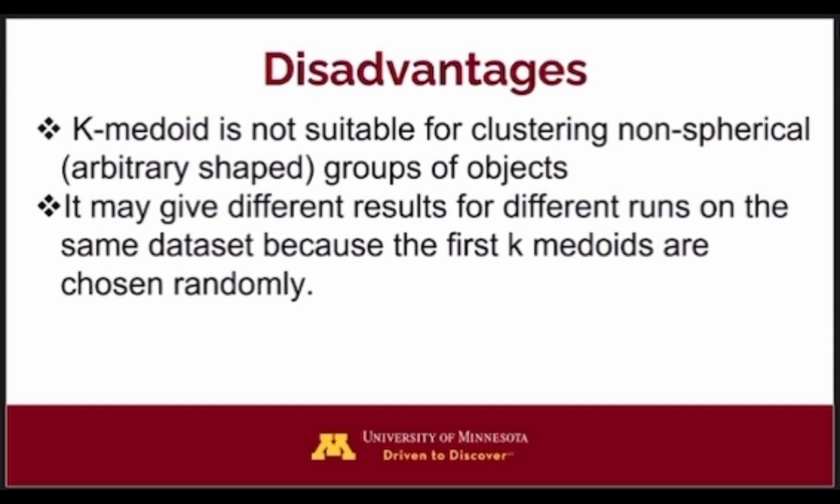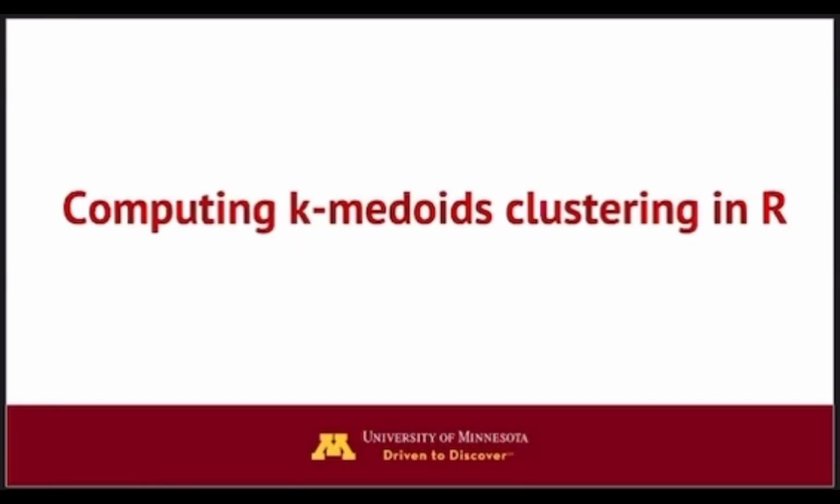Okay, so now how do we do it in R? The assignment that I'm going to release today was centered on using a particular data set in R where you're going to compare K-means with K-Medoid and so on.